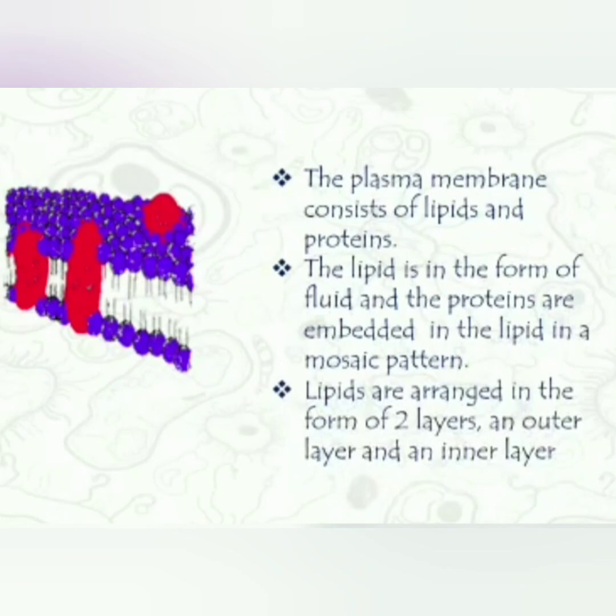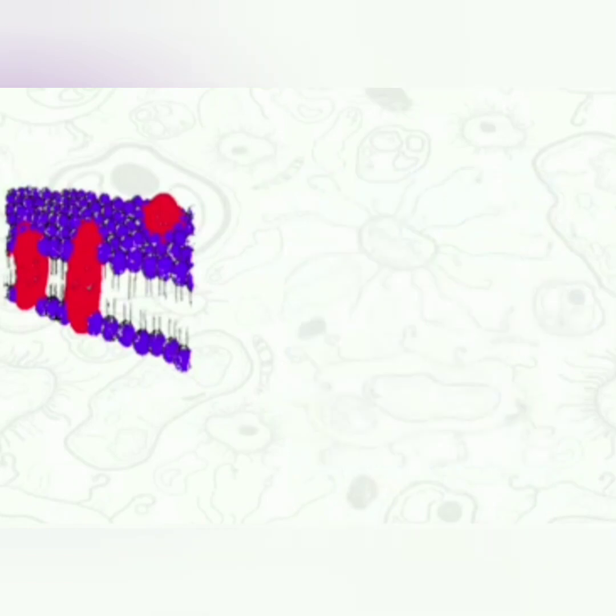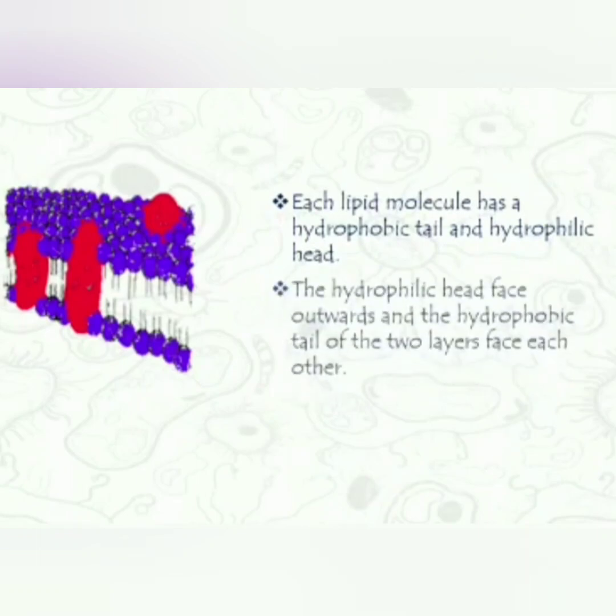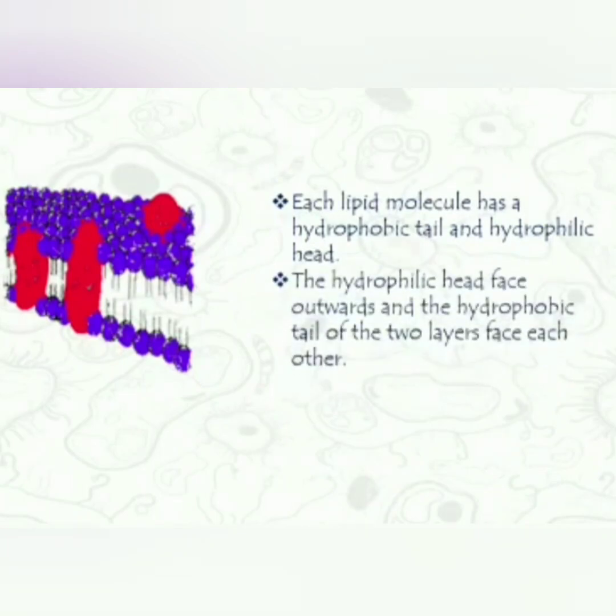The proteins do not form a layer. Each lipid molecule has a hydrophobic tail and hydrophilic head. The hydrophilic heads face outwards and the hydrophobic tails of the two layers face each other. Lipid molecules are not rigidly positioned in their respective places. They are always in constant motion and undergo lateral diffusion.